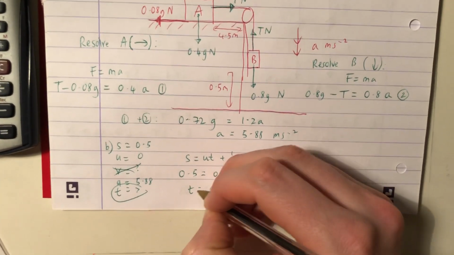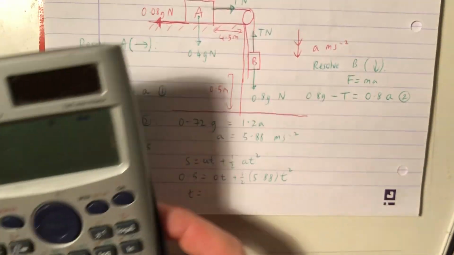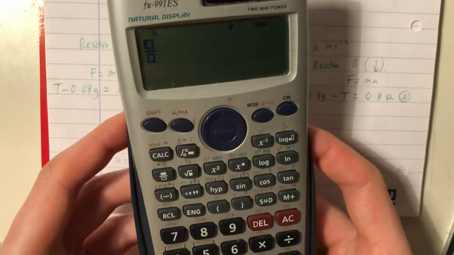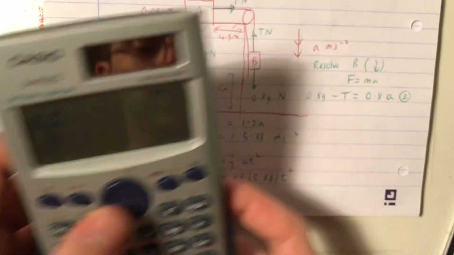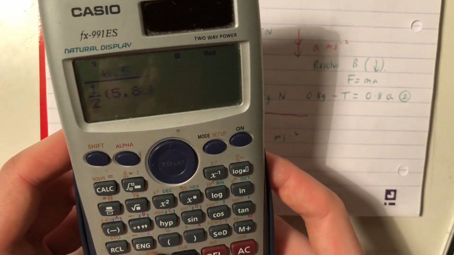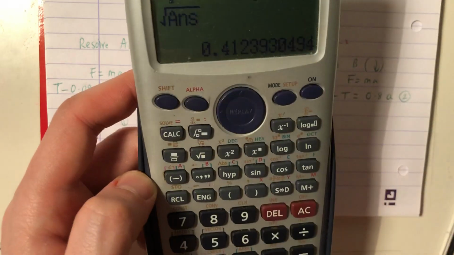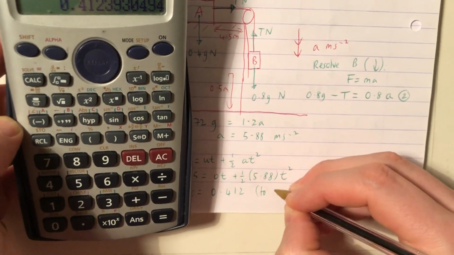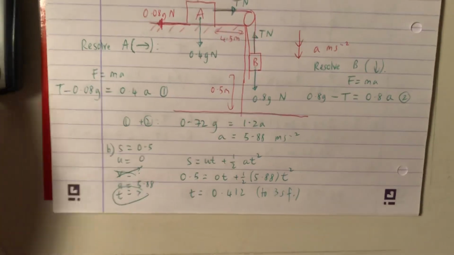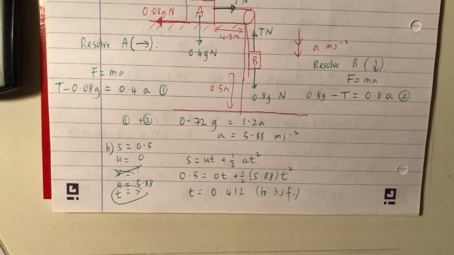And if you solve that equation by taking 0.5, divide by a half times 5.88, and square root, you get 0.412 to 3 SF. So that's the time taken for it to hit the ground.